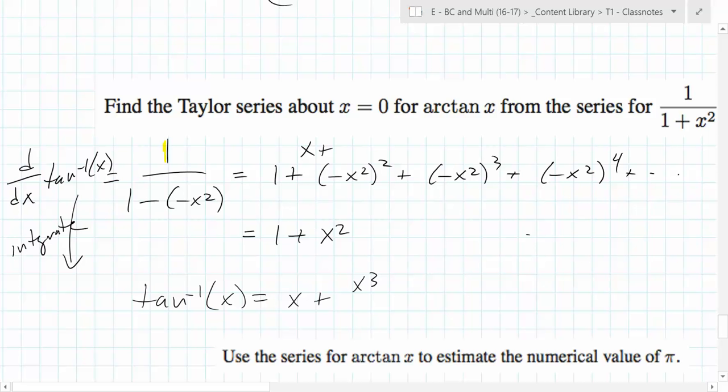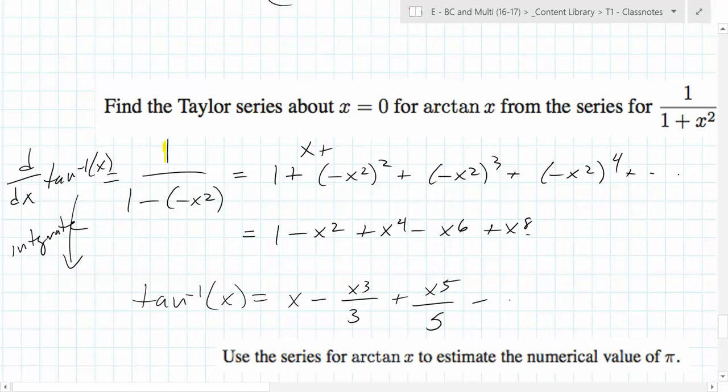Thank you. So it should be 1 minus x squared plus x to the 4th minus x to the 6th plus x to the 8th, right? If you integrate these, you end up with x minus x cubed over 3 plus x to the 5th over 5 minus x to the 7th over 7, etc.